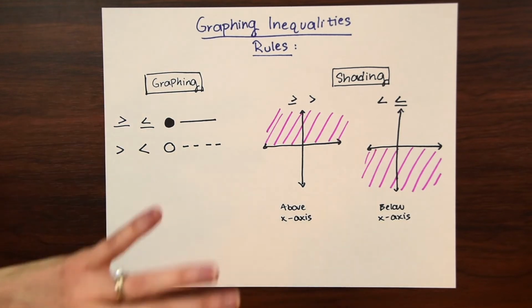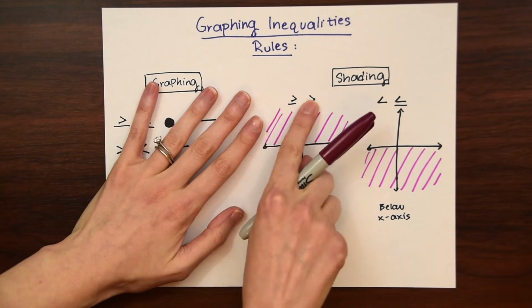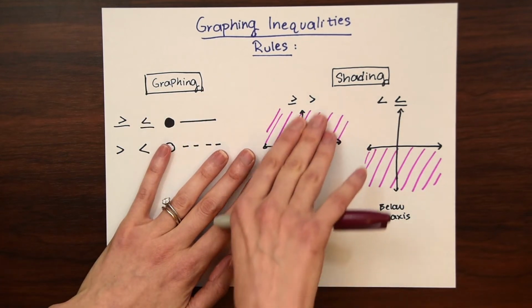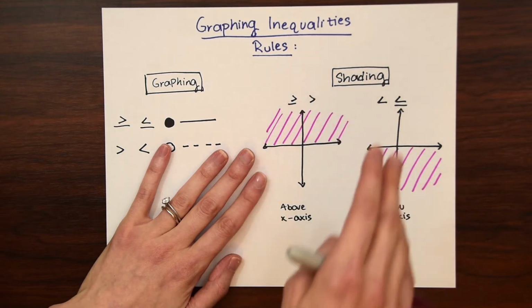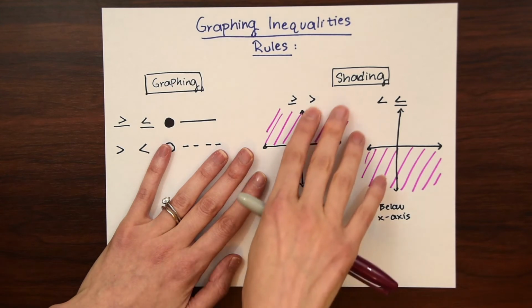And as for shading, you always want to think of this as above or below the x-axis. When things are greater than or equal to or greater than, we always want to graph the top part, those positive y values. So even though we're graphing above the x-axis, you want to think about the y values that we are incorporating in the solution.